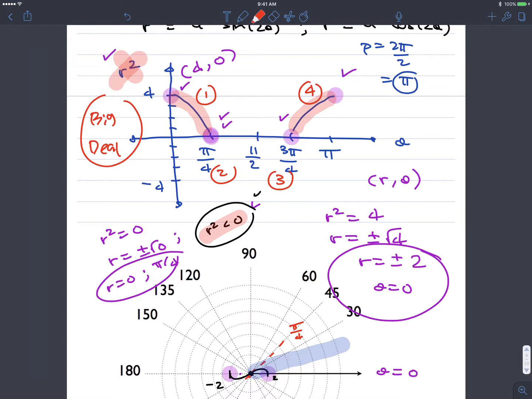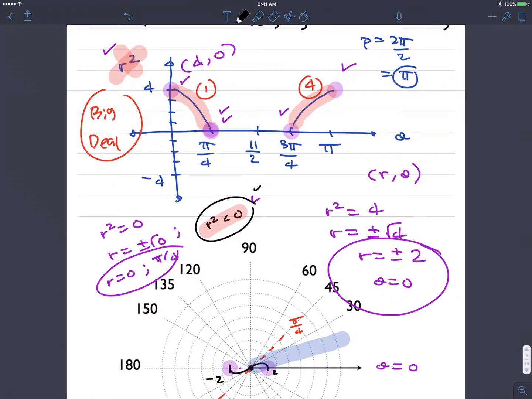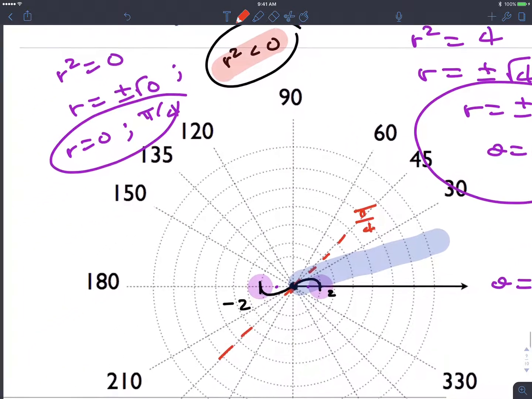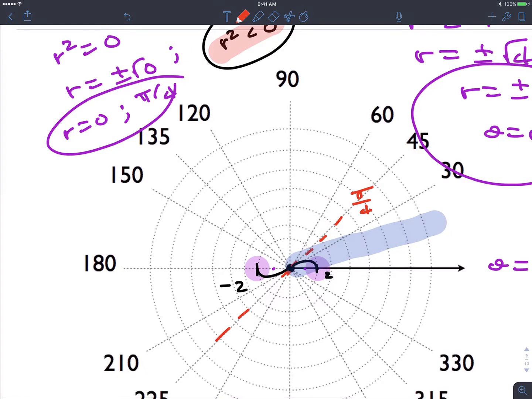Now what you really go to, in all honesty, is right here. You go to 3 pi over 4 and pi, so you have to locate 3 pi over 4 and pi in this region. This is where 3 pi over 4 would be, and then this is where pi would be.